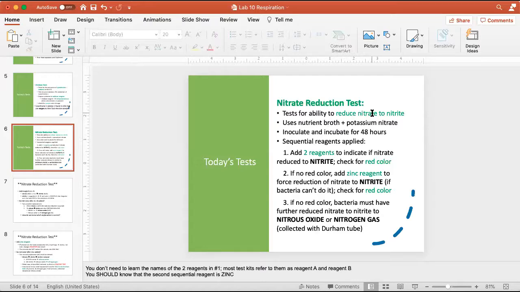So when you take it out of the incubator, you have to add two reagents to it. What the reagents are going to do is basically test for the presence of nitrate. If there's any nitrate in the tube, when you add these two reagents, the tube is going to turn red.